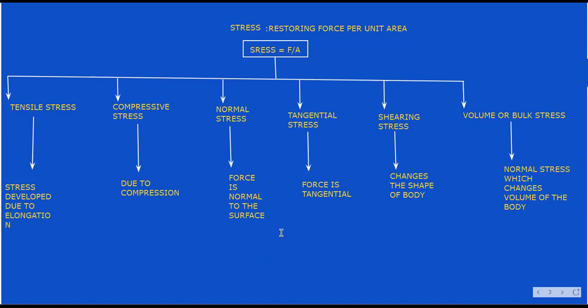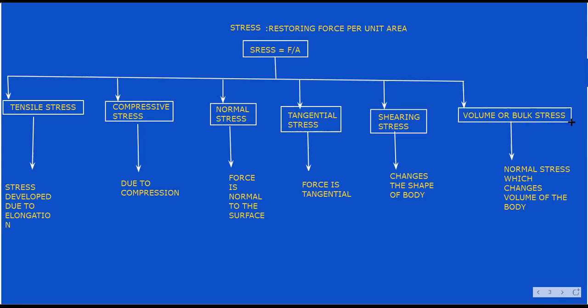So in this tensile stress, you see the length is getting changed. In the next, stress is due to compression, so instead of elongation, there is compression. This is normal stress. This is tangential stress. This is shearing stress, and this is volume or bulk stress. So this is also normal stress only, and volume or bulk stress is again normal only. Got it? Clear? This one and this one are normal stress only, types of normal stress we can say. Got it?